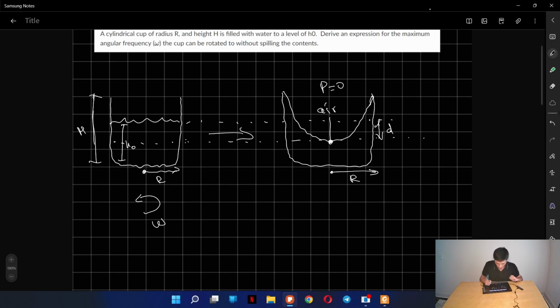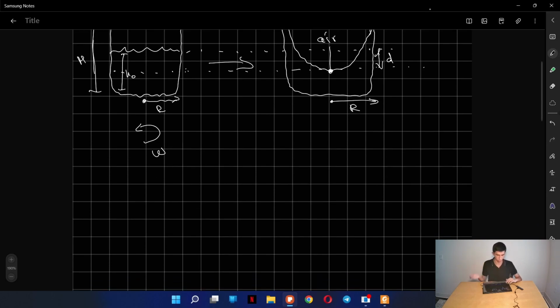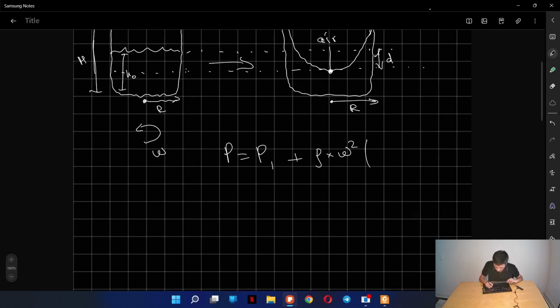And then as we know the equation for the pressure when the object is being rotated on a turntable, the pressure is equal to the initial pressure plus the density times omega squared, the angular frequency squared, multiplied by radius squared minus initial radius squared.